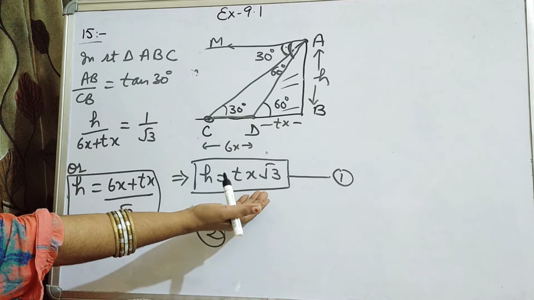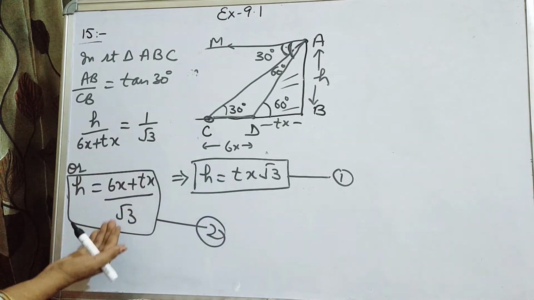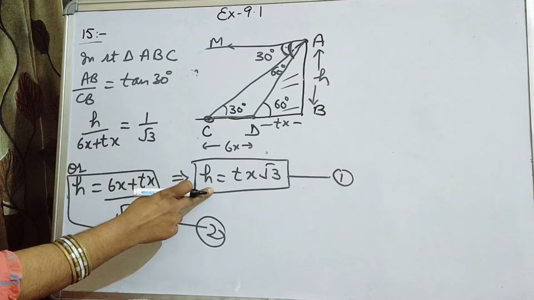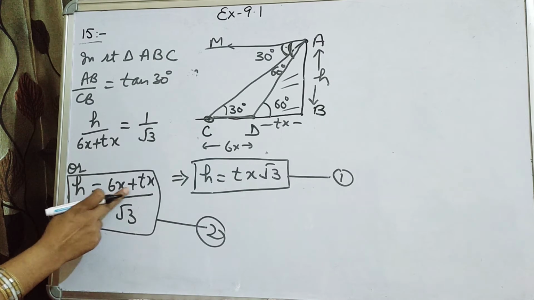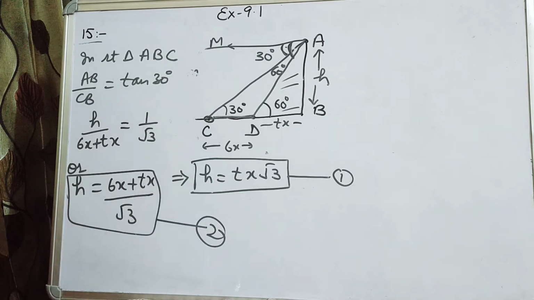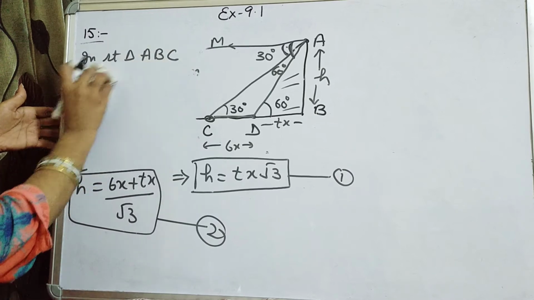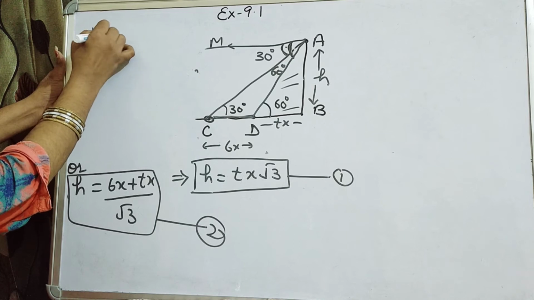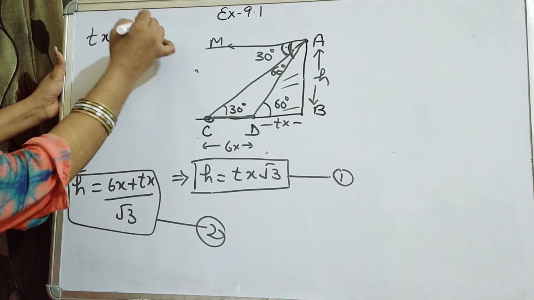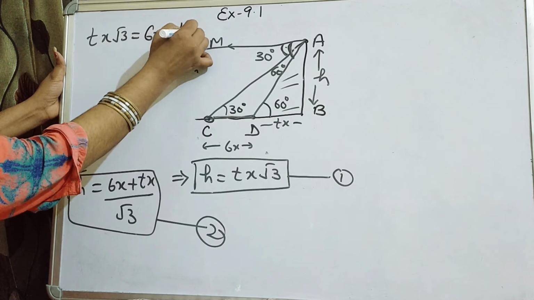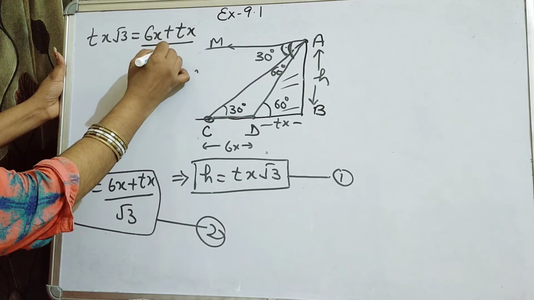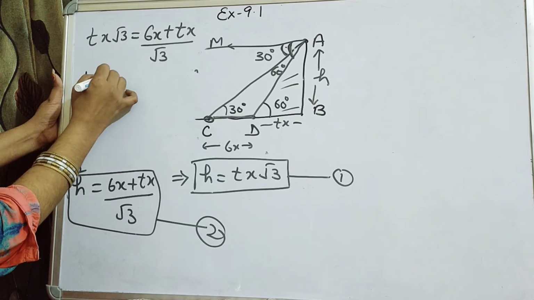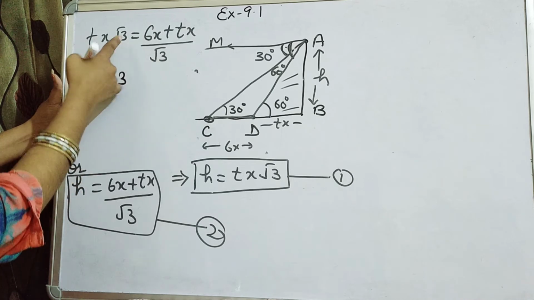So this is from the first, this is from the second, but both of them are values of H, so we can put them equal. H is Tx root 3, and H is (6x plus Tx) by root 3. Both of them should be equal. So from equations 1 and 2, I get Tx root 3 is equal to (6x plus Tx) upon root 3. Now root 3 will come here. It will be Tx into 3, root 3 into root 3 is 3, equal to 6x plus Tx.